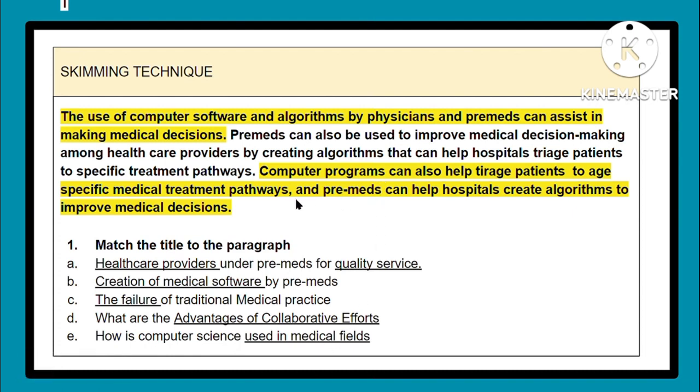And over here in the first and the last sentence, I can see there's a repetition of the words that resonate with the question. For example, the use of computer software and algorithms by physicians and premates. So basically, I get a rough idea that this paragraph is going to talk about the use of certain medical software by the medical people.